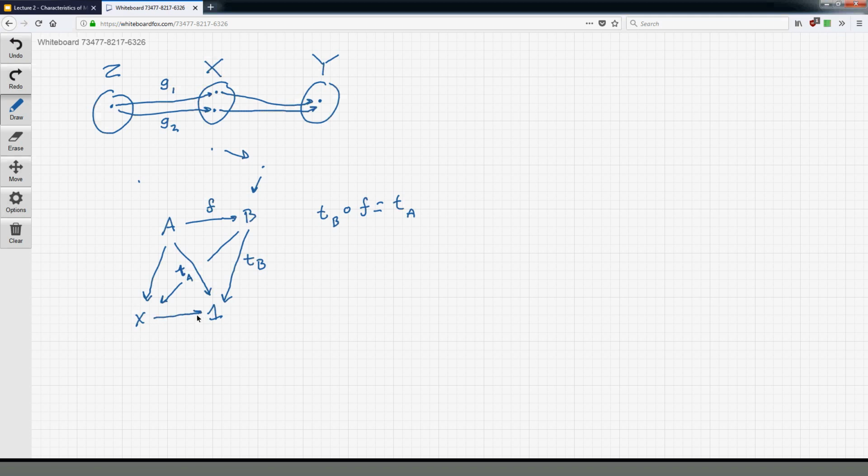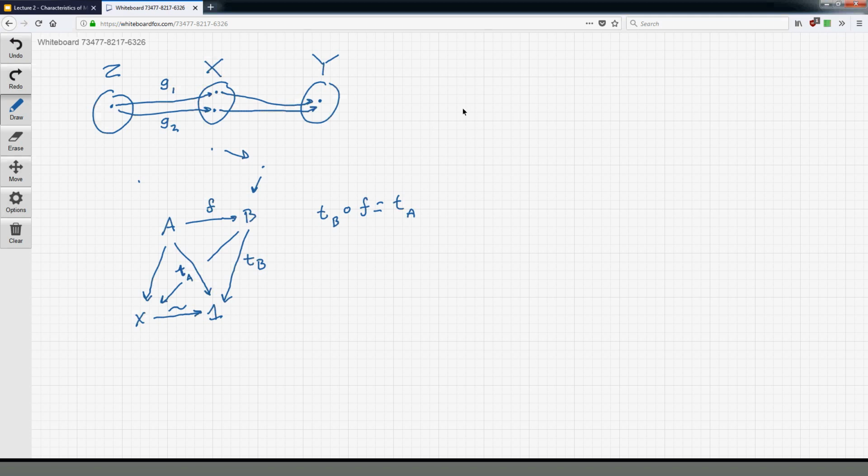Since we know the definition of a terminal object, it has to be that. So if we have two objects that both meet the definition of the terminal object, then this arrow here is an isomorphism. Oh, I should mention there are ways of drawing isomorphisms, monomorphisms and epimorphisms in your diagrams.